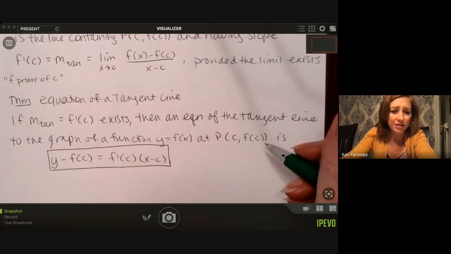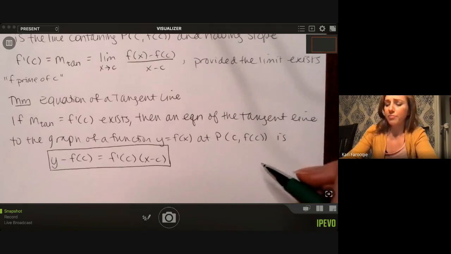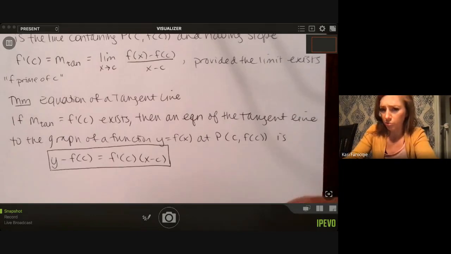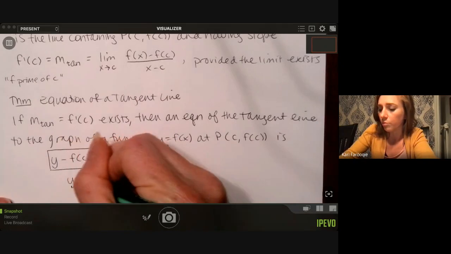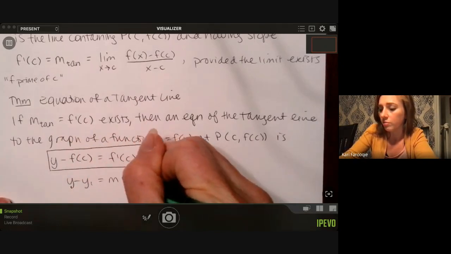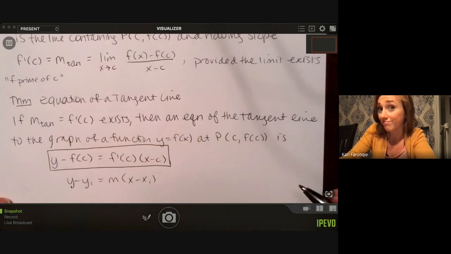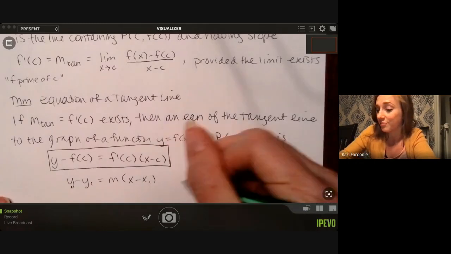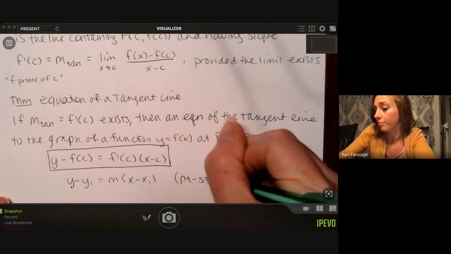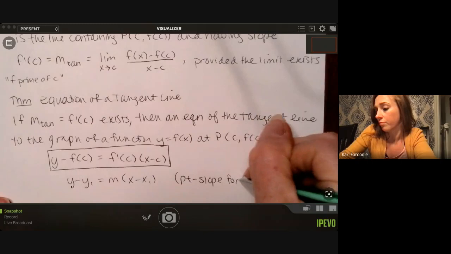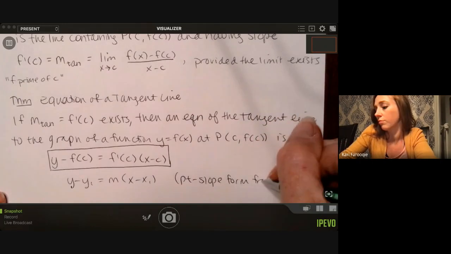I mean, technically, yes, but this is really from algebra. Do you guys remember point slope form? y minus y sub 1 is m times x minus x sub 1. That's all this is. Point slope form from algebra.